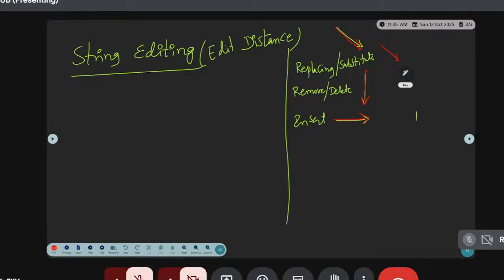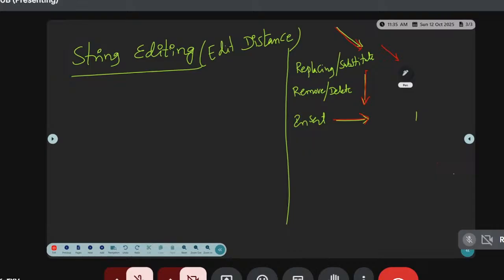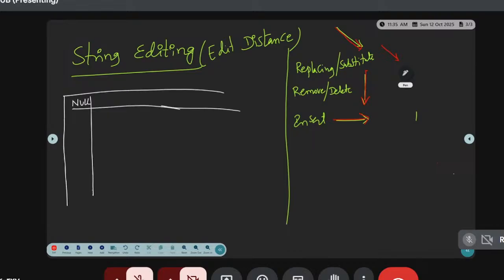Right. So next, conditions. There are two conditions. Before going to the conditions, the normal procedure is that string editing will be like this. We'll have an initially null string. Whatever the string is, we write it here. There will be rows and columns. So first, the null string is replaced by the null string.